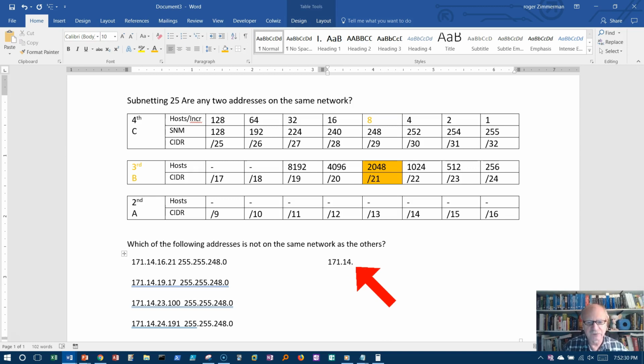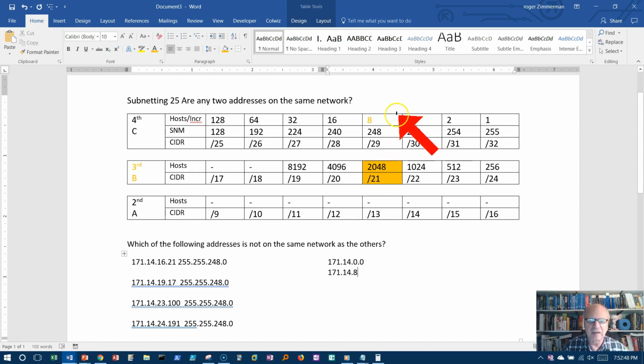171.14. Well, we'll start with 0.0, because this would be a network address. If this is the last network octet, then the network address has to be all zeros, right? So in this case, 171.14.0.0. Then 171.14.8.0.